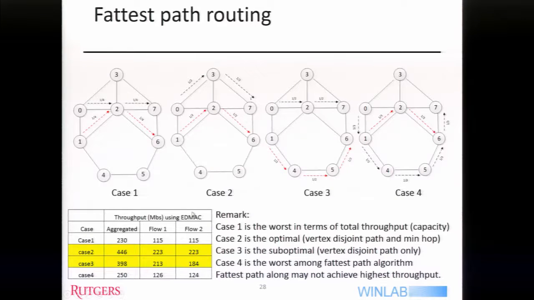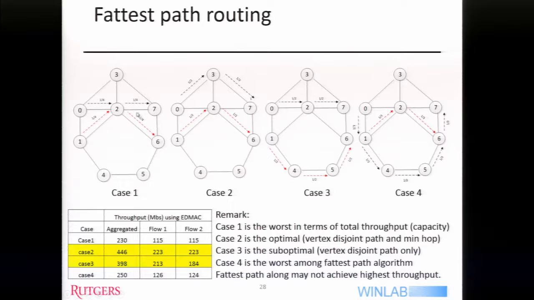We can say there are these four cases, and in the last slide we showed case 4. For fattest path routing, the first flow can randomly choose a path because all the paths are fattest. So it may be case 2, case 3, or case 4. Based on the decision made by the first flow, if the second flow runs fattest path routing, it will choose the fattest path based on the first flow.